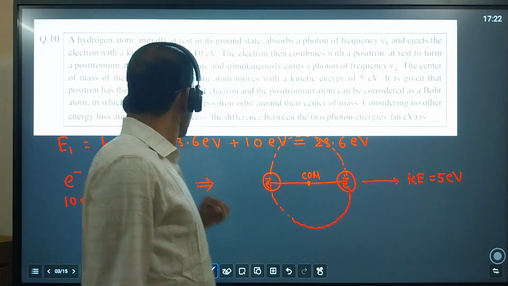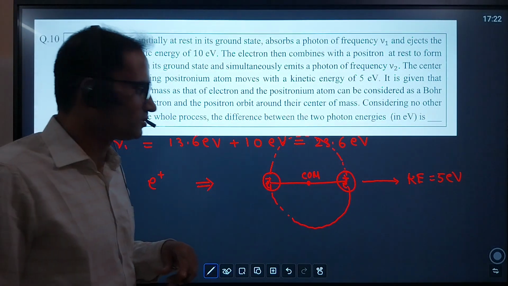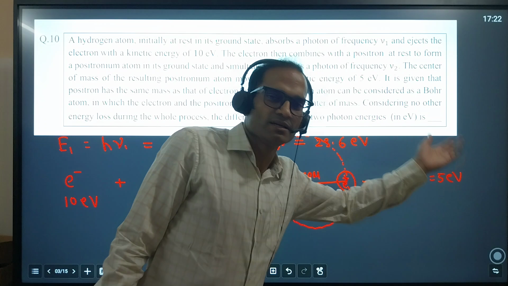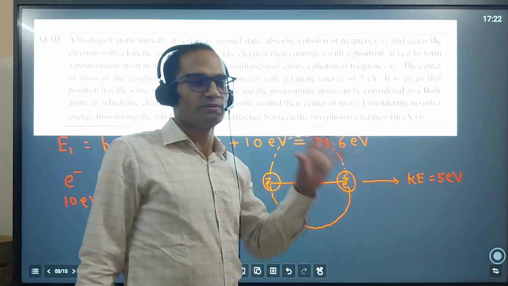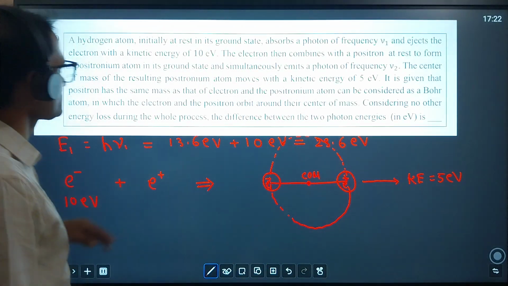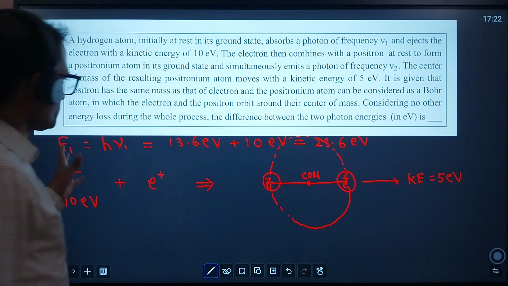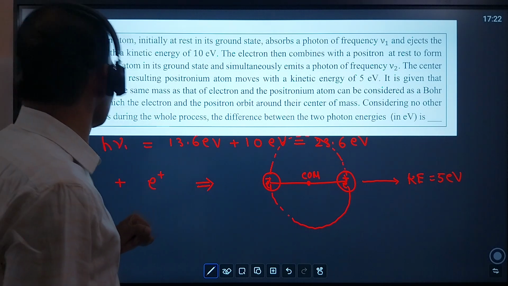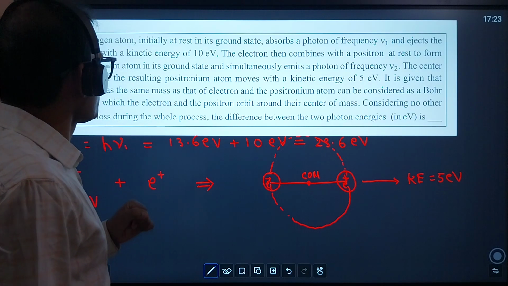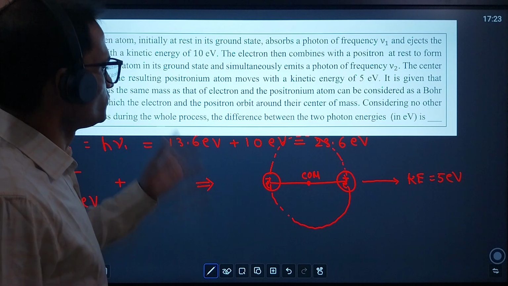Wow. So it has 10 electron volt. What happened to the extra 5 electron volt? We will talk about it. Considering no energy is lost in the process, the difference between two photon energies.